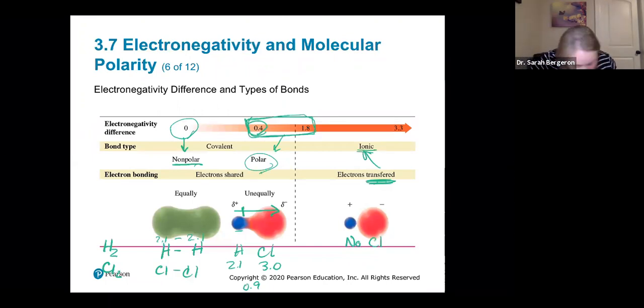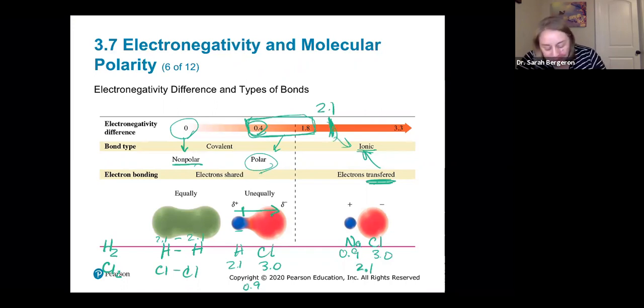On the periodic table, Na is 0.9 and chlorine is 3.0. If you subtract the two, you get 2.1, and it's the absolute difference, so there's no positive or negative. 2.1 is greater than 1.8, so it is ionic.